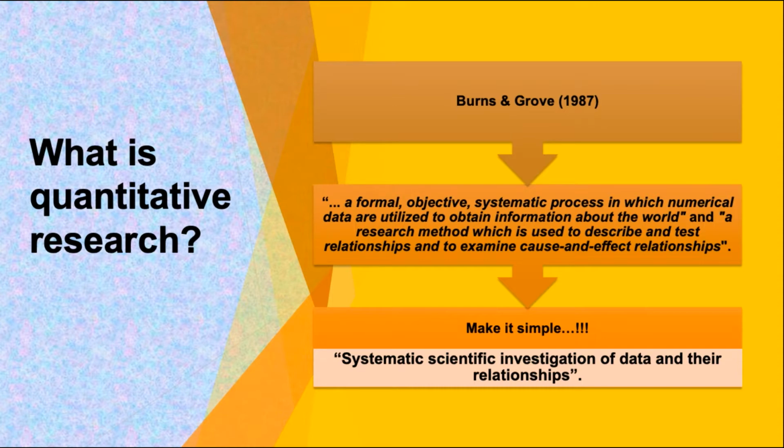What is it? It is defined as a formal, objective, and systematic process in which numerical data are utilized to obtain information about the world, and a research method which is used to describe and test relationships and to examine cause and effect relationships. This is based on Burns and Grove 1987.